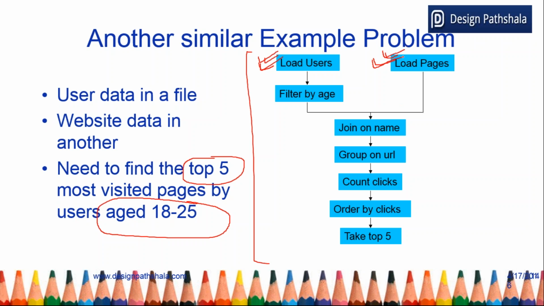So if I have to do this, I have to load the users file and filter that by age. I'm just concerned about the users who are between age 18 to 25.